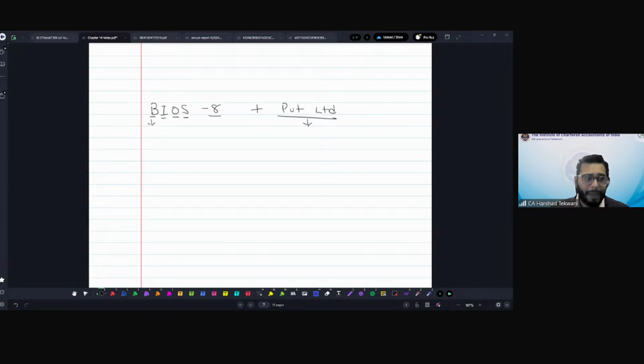Do you remember those paras in the CARO which are specifically related to the NBFC? Can anyone tell me that particular para number? There are two paragraphs which are applicable to NBFC. Anyone? 3, 3.